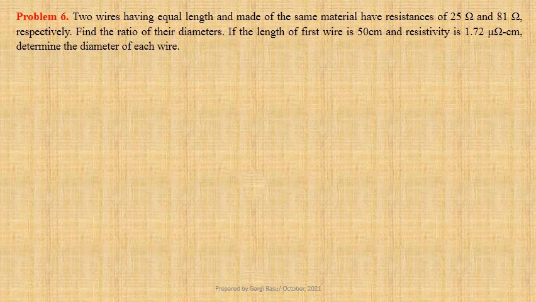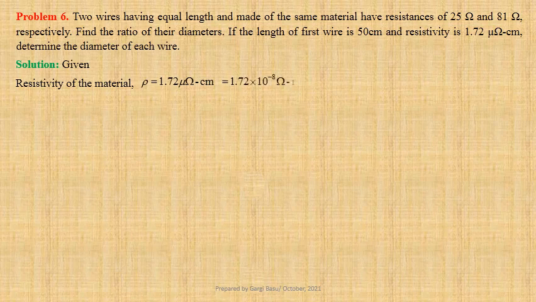Let us first write down the given data. Resistivity of the material rho equals 1.72 micro ohm centimeter, that is equal to 1.72 into 10 to the power minus 8 ohm meter.